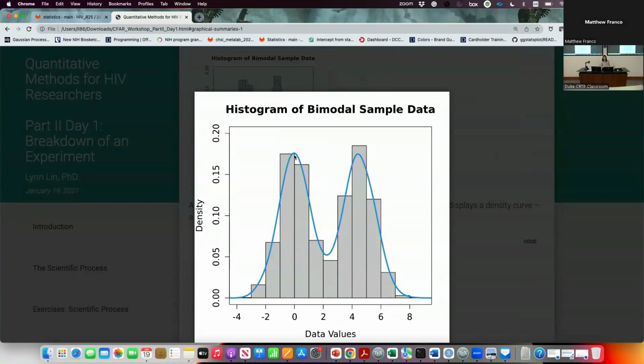Because if, for example, we are using the mean and the median, we are assuming the distribution is unimodal. If you have a multimodal distribution, in this case a bimodal distribution, how can we summarize the central tendency of the data?